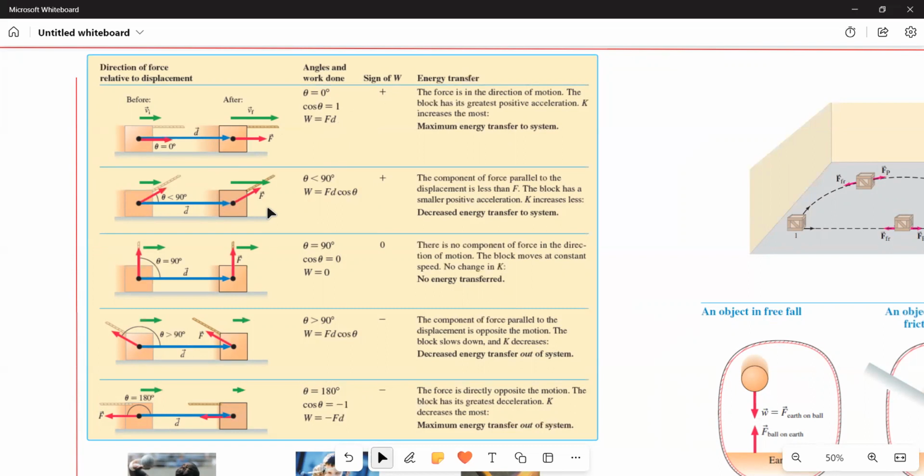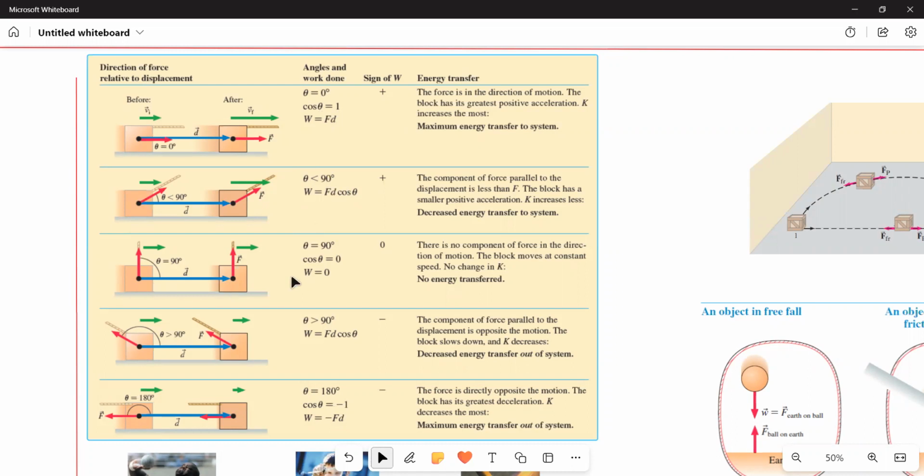And then the sign is positive, meaning the energy gets transferred from the environment to the system. And if you take here, there is an angle between the force and displacement which is less than 90 degrees. That indicates that there is a transfer of energy from the environment to the system, but it is a bit less than the previous case. Okay. And in the third case, the applied force and the displacement are perpendicular to each other.